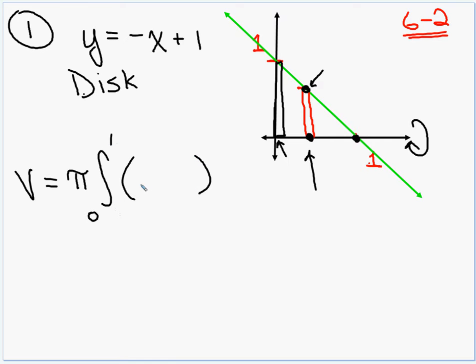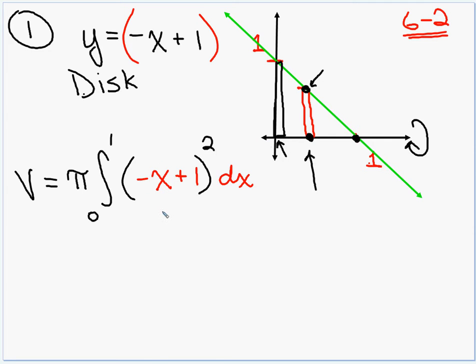In here, this is going to be our representative rectangle, its height, and then we will quantity square it. So what goes in here is our function, our negative x plus 1. And we'll give that a dx because we're doing everything here with respect to the x-axis.